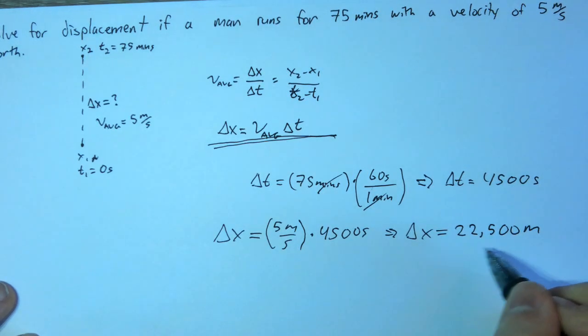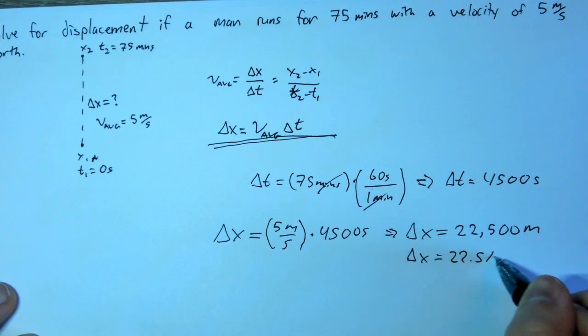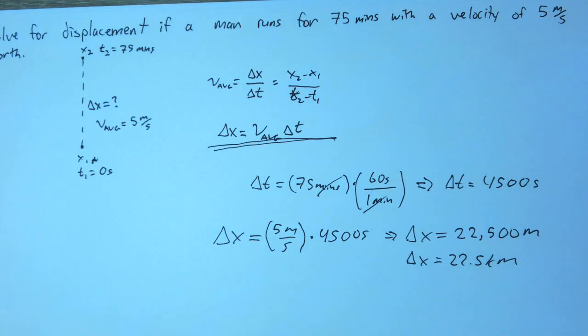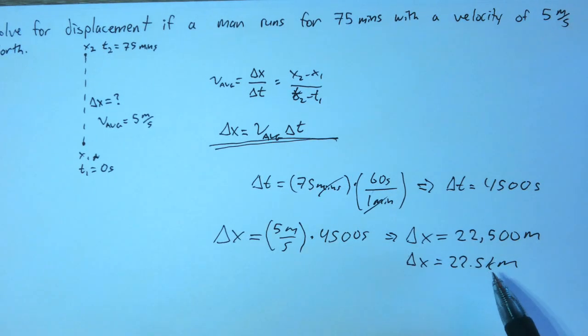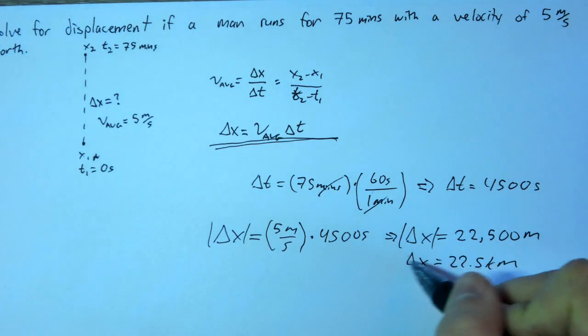Or, if you want to convert to kilometers, 22.5 kilometers. Now, we need to add a direction to this. So this is like our magnitude.